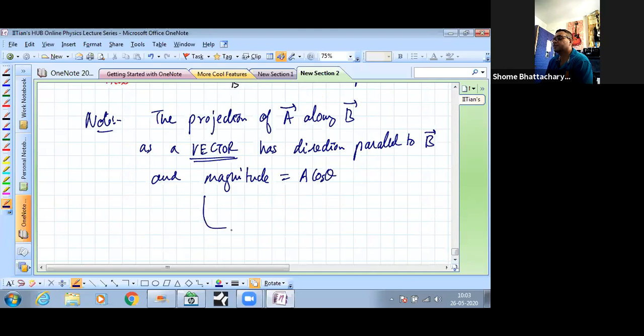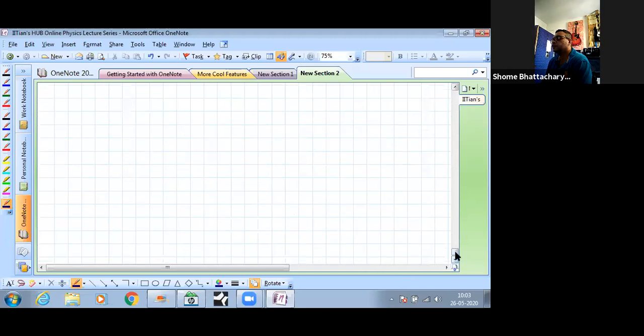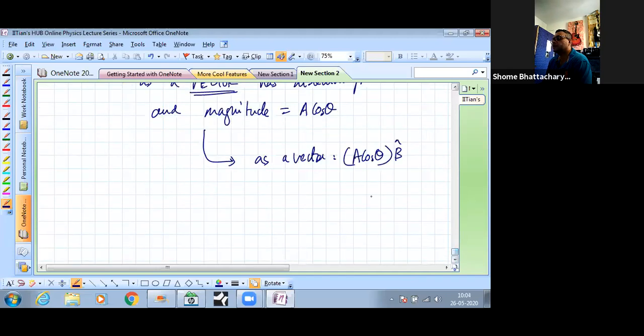So if you want to express it as a vector, it becomes A cos theta, a magnitude, into a unit vector which is along B. Why? Because it is parallel to that vector. So this is magnitude into this term, which is the unit vector along the vector. Okay, so this is how we'll express it as a vector quantity.